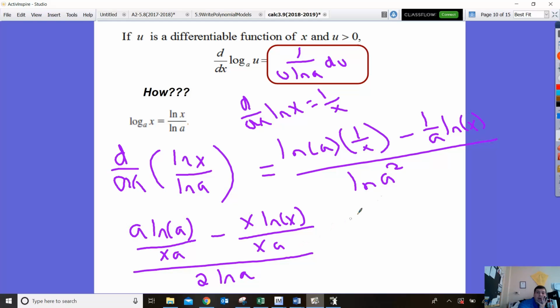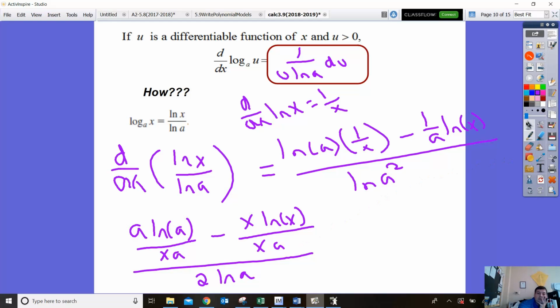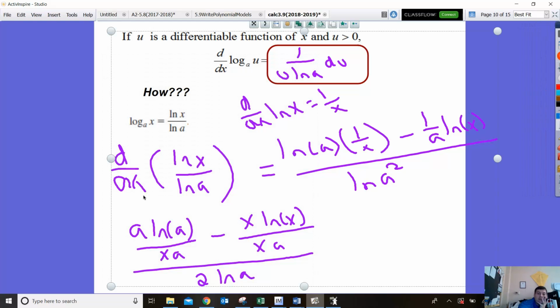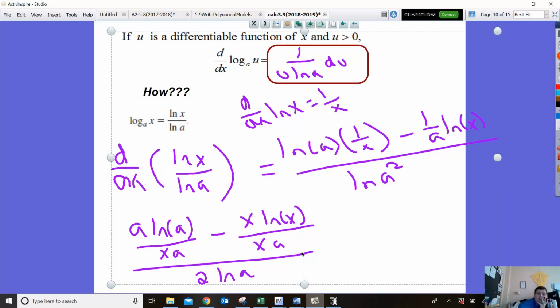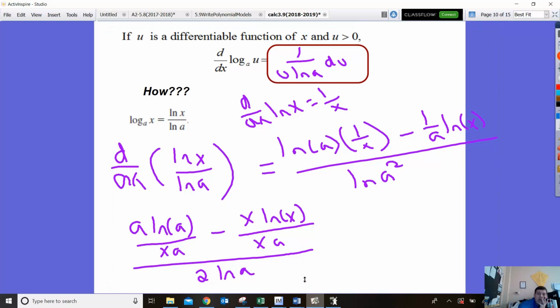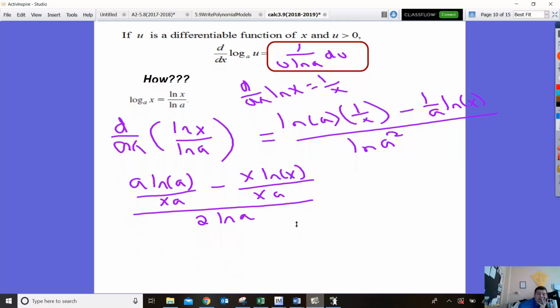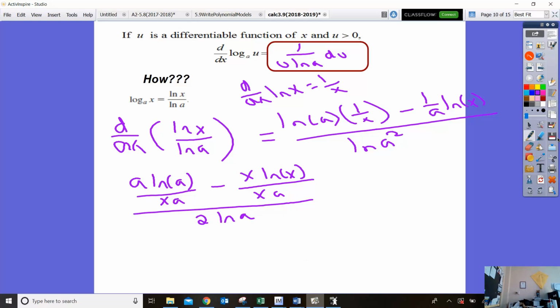Now what can we do? What can we do with that xa? Can you shift it down low? You can shift it down low. I can see the next step, but I can't see it today.